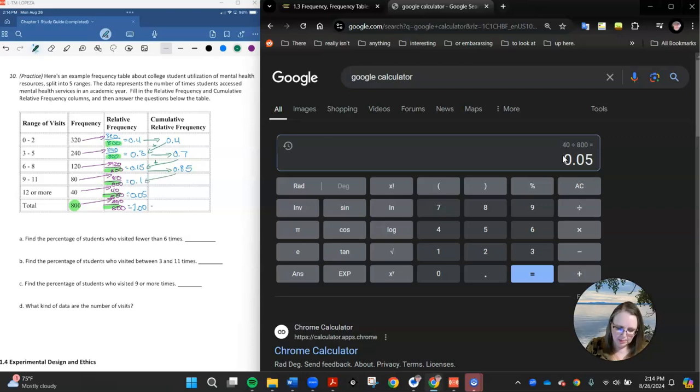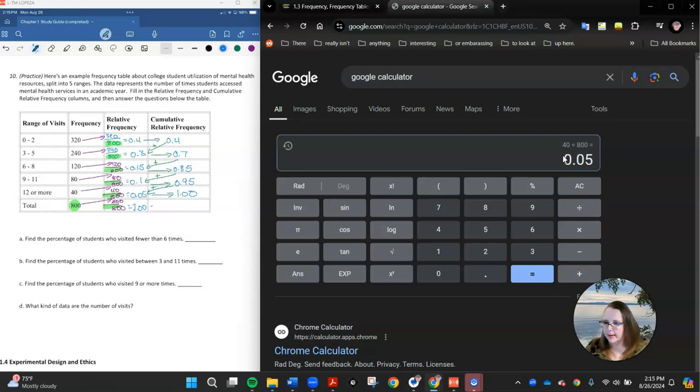This plus this equals this. 0.85 plus 0.1 is 0.95. And then this plus this, oops, wrong color. This plus this is 1.0. So that gives us the way to calculate the relative frequency and the cumulative relative frequency.